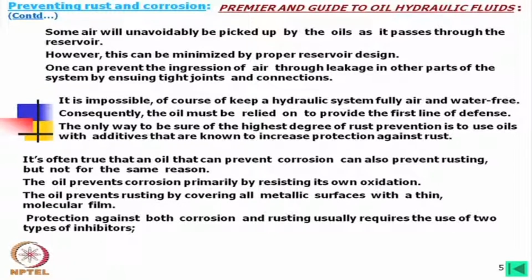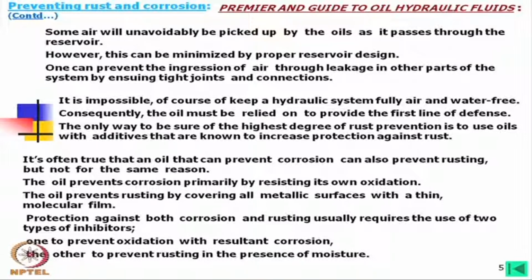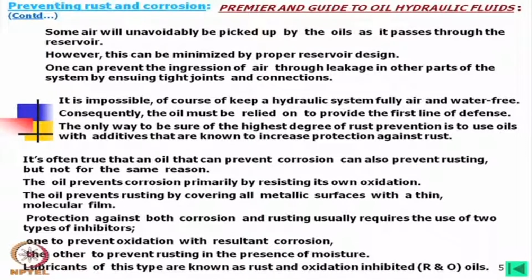Protection against both corrosion and rusting usually requires the use of two types of inhibitors: one to prevent oxidation with resultant corrosion, the other to prevent rusting in the presence of moisture. Lubricants of this type are known as rust and oxidation inhibited, which is popularly called R and O oil. So, R and O oil means rust and oxidation inhibited.